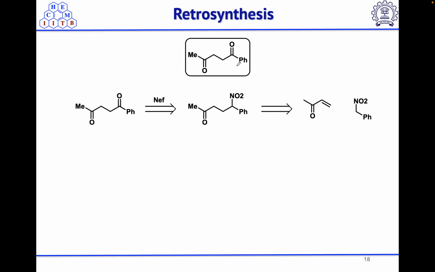So this is a retrosynthetic analysis. If you see this molecule, two carbonyl groups are there. So this one, two, three positions I am counting. The carbonyl group positions are like a 1,4-dicarbonyl compound.